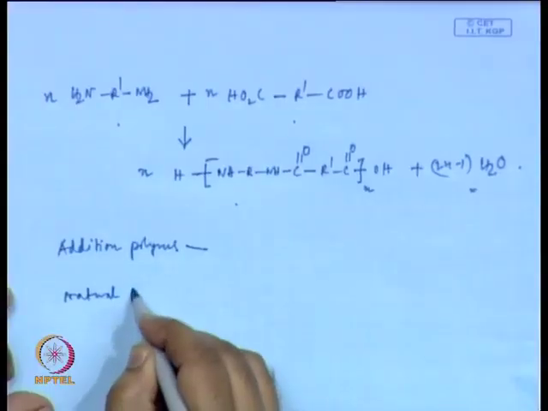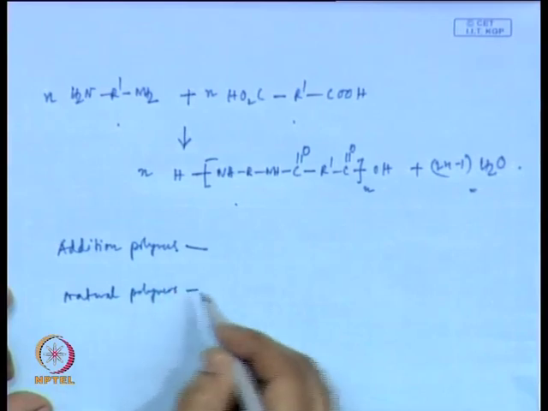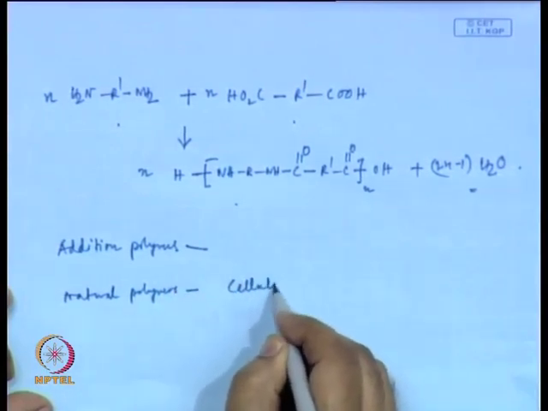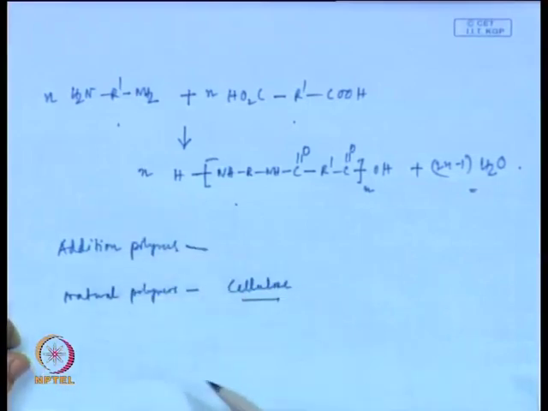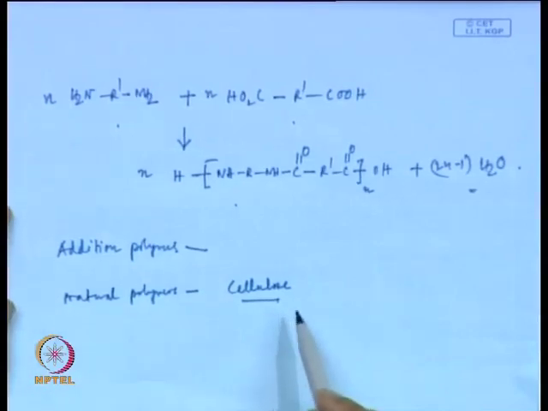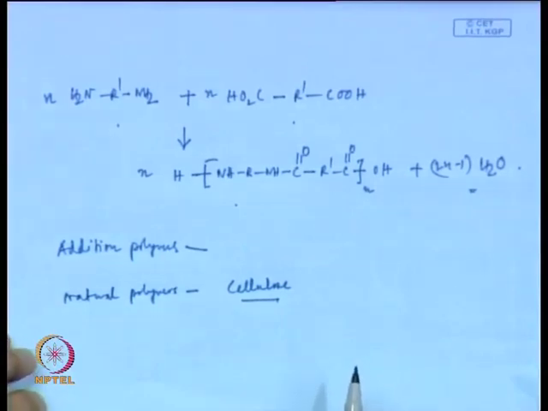Now, these natural polymers, say like cellulose, how do you define which class they belong to, whether it is addition polymers or condensation polymers, because they are not synthesized in the lab. So, we do not know the monomers from which, or the type of reaction, condensation or addition, by which they are synthesized.